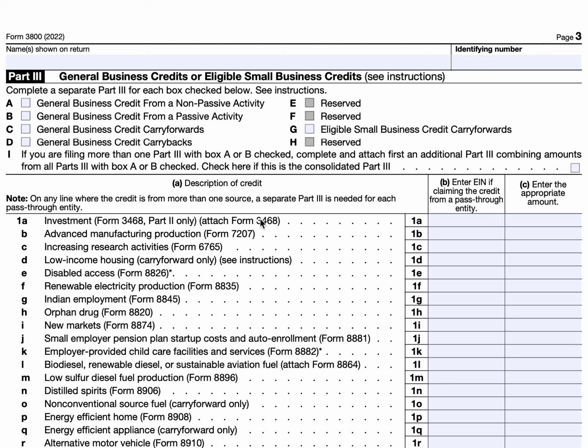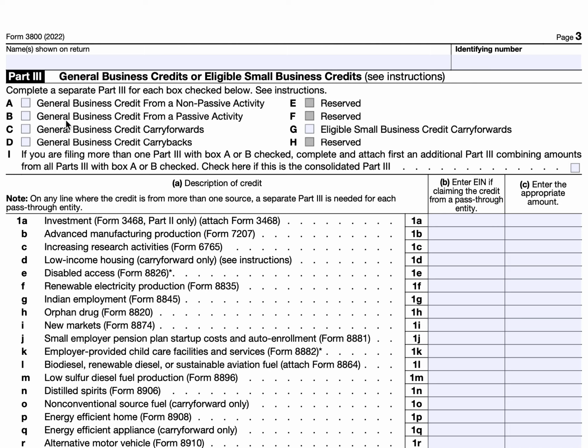And you would follow the instructions in part three so that you can carry that up to parts one and two. However, if you were then going to calculate general business carry forwards or business credit carry backs, you would have to complete a separate part three and then check that specific box.